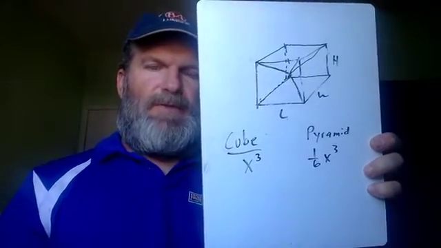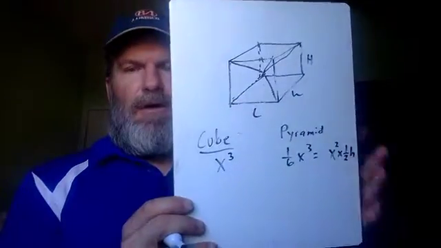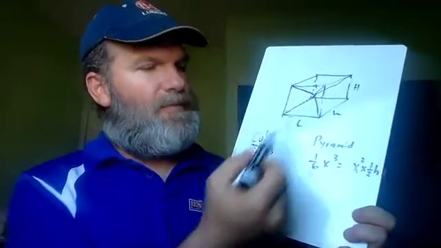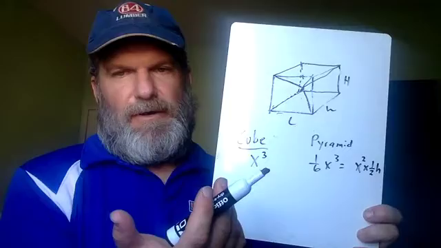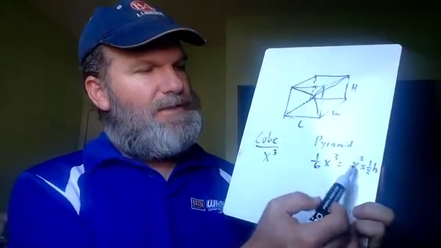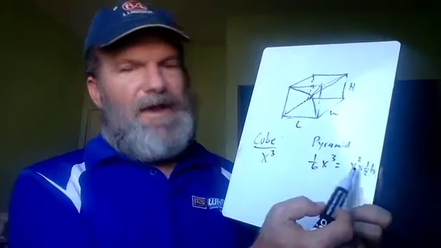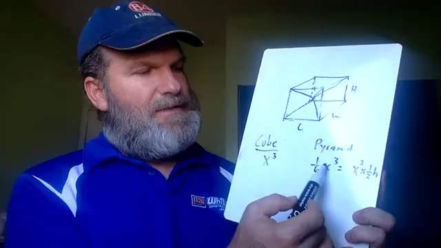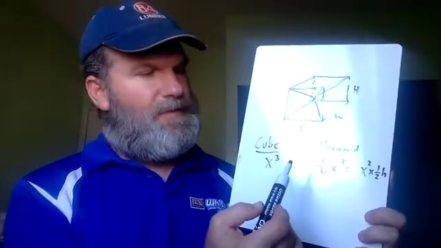Well, what were the dimensions of the pyramid? The pyramid was x squared times 1/2 h. x squared is the area of the base. It's length times width, and we're using x for our length, width, and height because they're all the same. So the pyramid is area of the base, x squared, times half the height, but we want that to equal 1/6 of x to the third power.